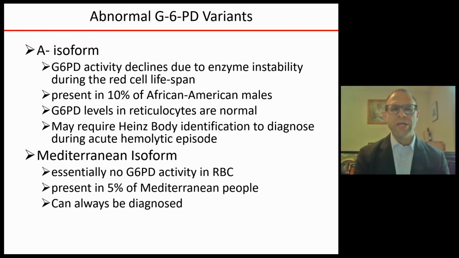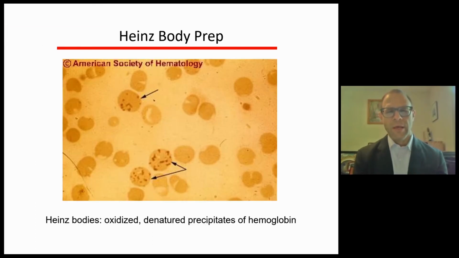In that situation, we need to get a Heinz body preparation of a blood smear to see if there are Heinz bodies present. This is a smear showing the Heinz bodies, which are hemoglobin precipitates.